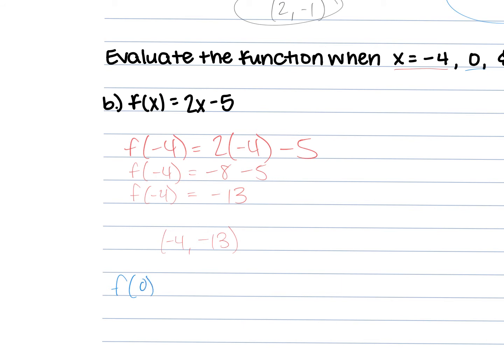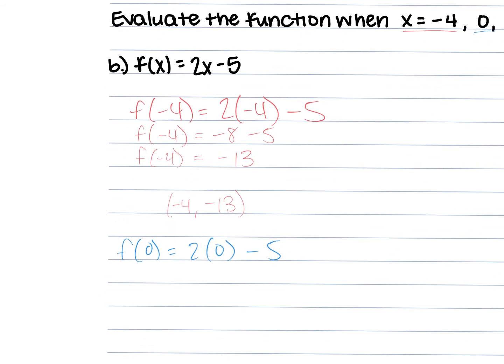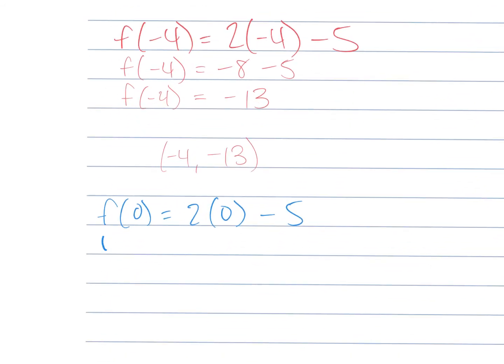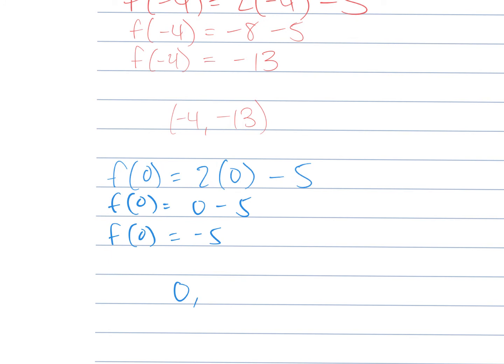So f at 0 equals 2 times 0 minus 5. What's 2 times 0? So f of 0 equals 0 minus 5. What's 0 minus 5? So it's negative 5. So what's my coordinate? Who understands it? Nathan? Very good. 0 comma negative 5. When my input is 0, my output is negative 5.